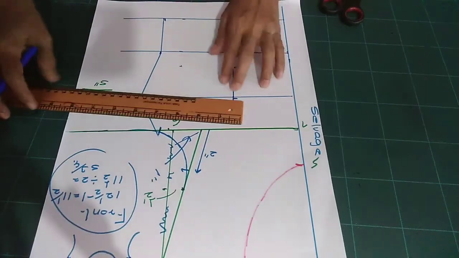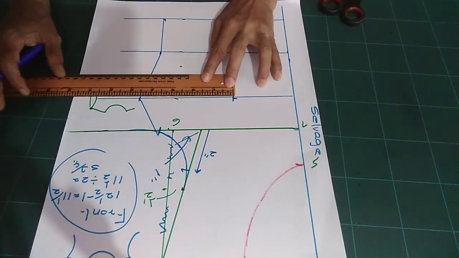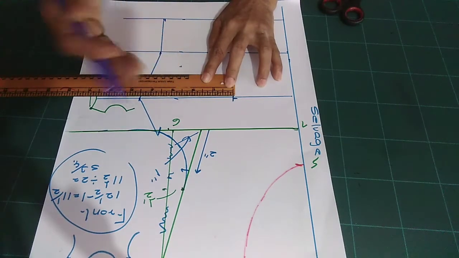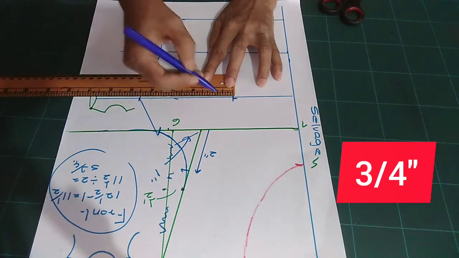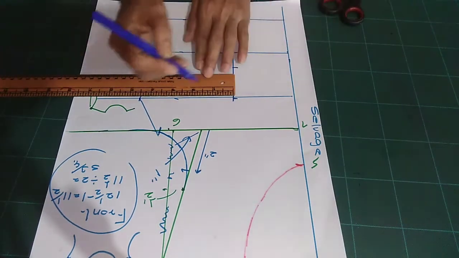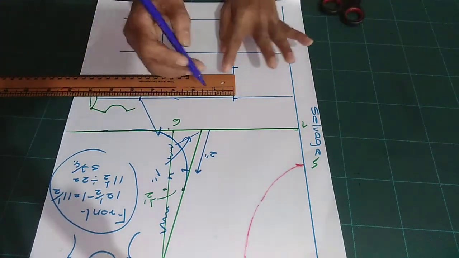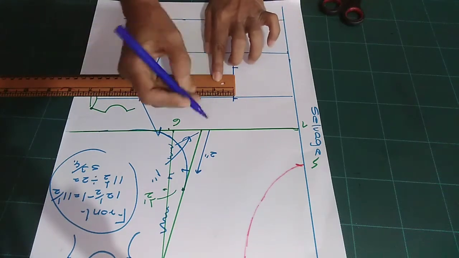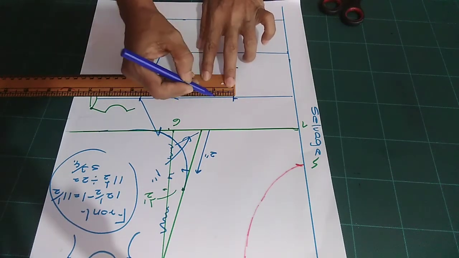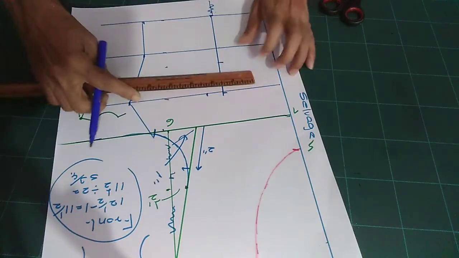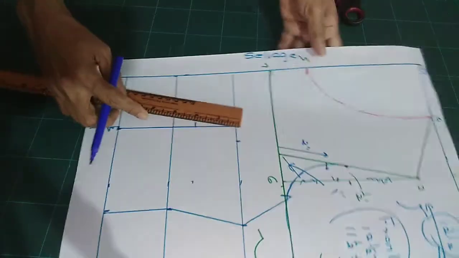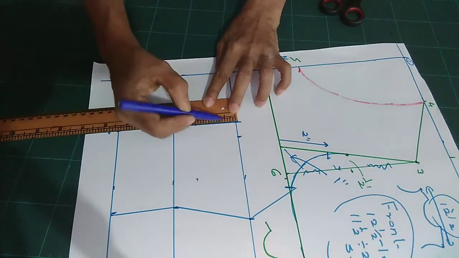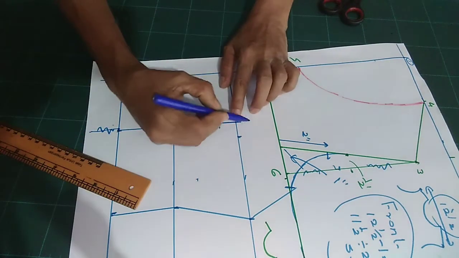I measure this lady, very small lady, not big one, big cup. She doesn't need a big cup. I measure 3/4. Enough. For this lady 3/4. I measure 3/4 like this from this point.